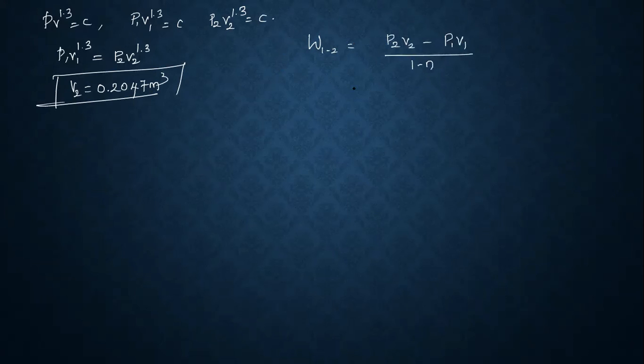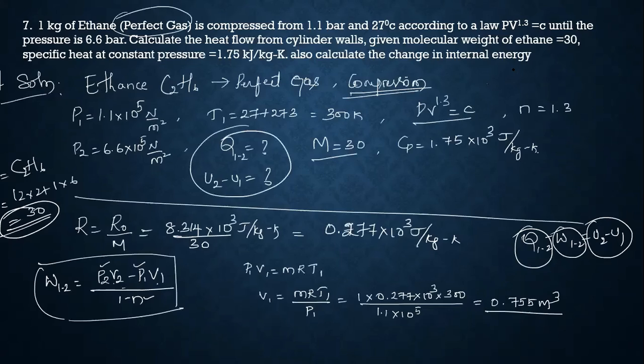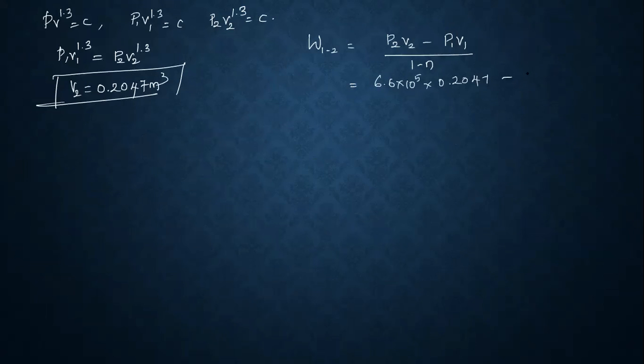divided by 1 minus n. P2 is 6.6 into 10 to the power of 5, and V2 is 0.2047, minus P1, 1.1 into 10 to the power of 5, and V1 is 0.755, divided by 1 minus 1.3.